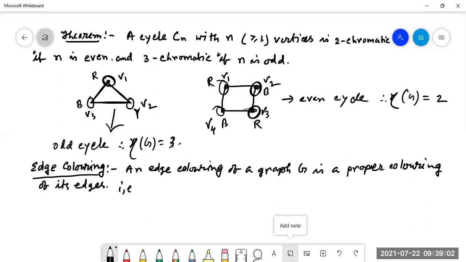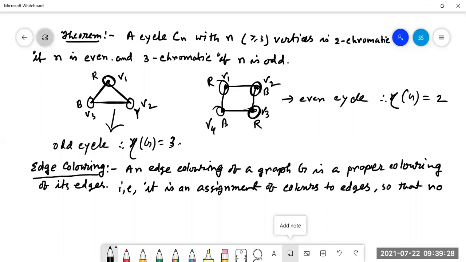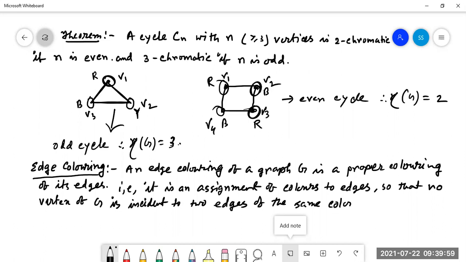That is, it is an assignment of colors to edges, so that no vertex of G is incident to two edges of the same color. Right?